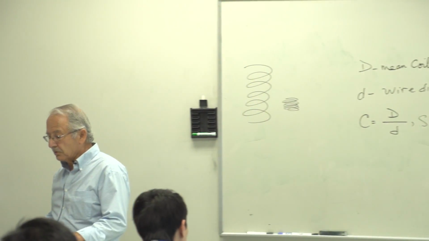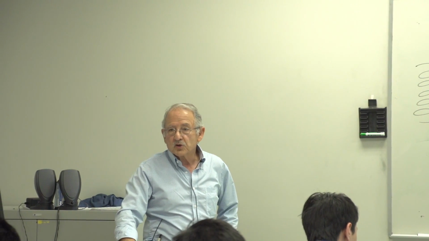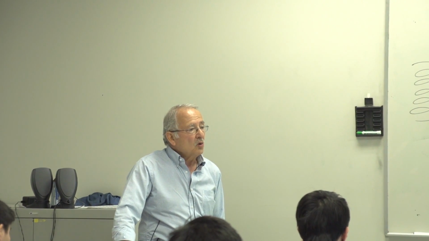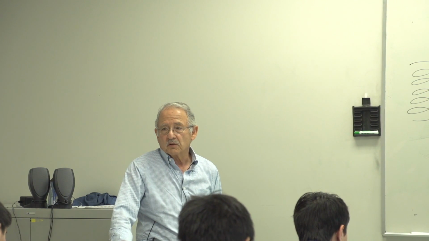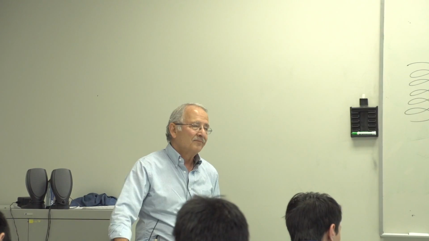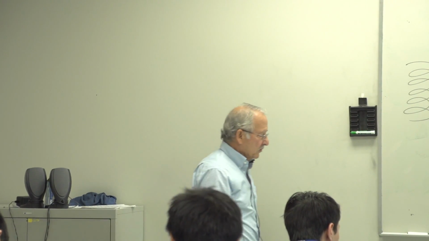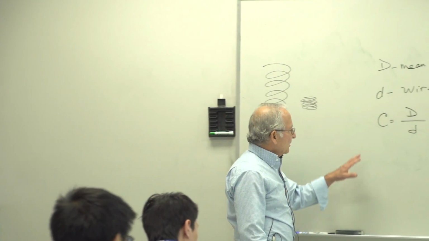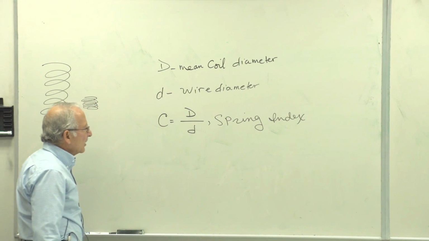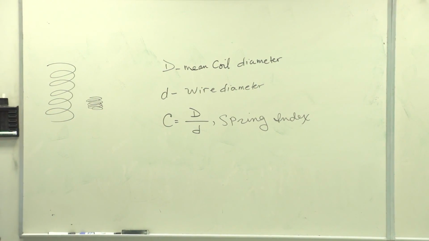This is not the ratio of the force to deflection. This is the spring index. It only defines the geometry of the spring. It has nothing to do with the applied load. Well, it comes into the equation for the stresses, but it doesn't give you anything else except the ratio of these two diameters.